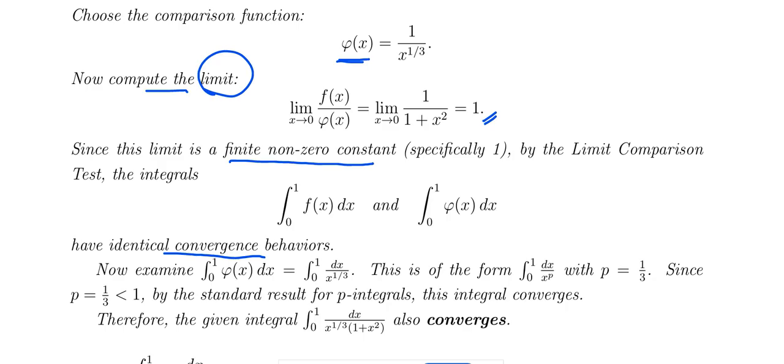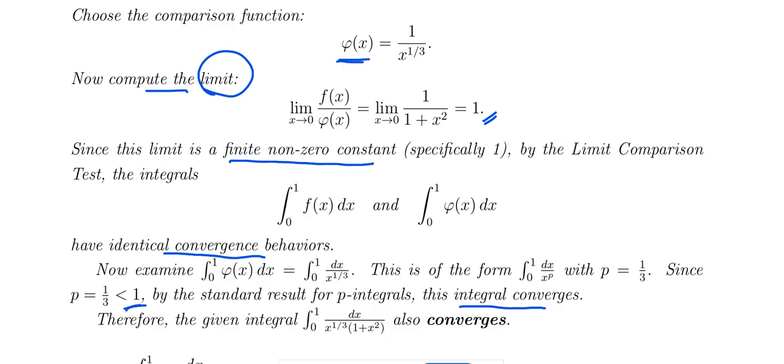So we can easily tell its nature, because we have already discussed the integral from 0 to 1 of dx by x power p, with p equal to 1 by 3 here. Since p equal to 1 by 3 is less than 1, therefore the integral converges. It is a very important problem.